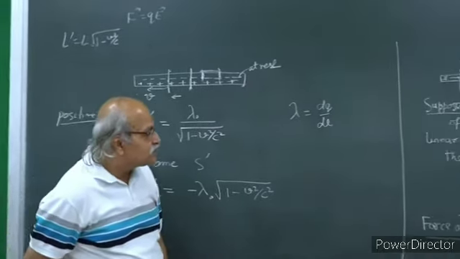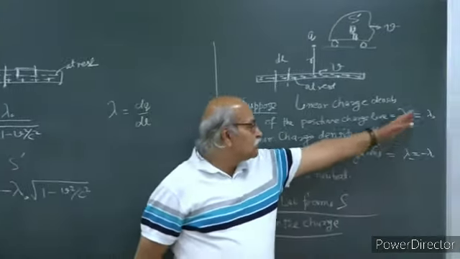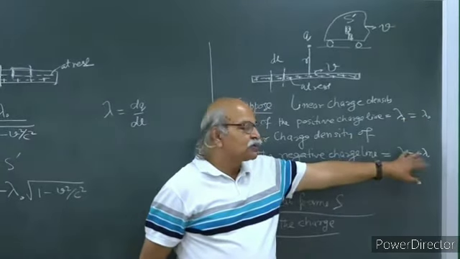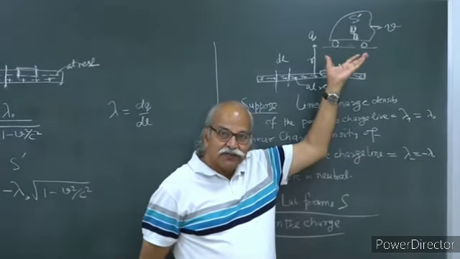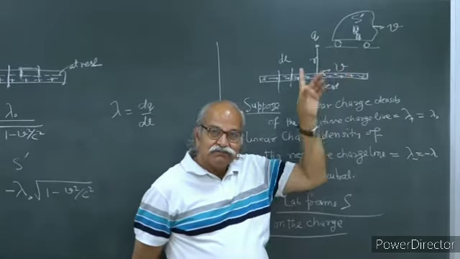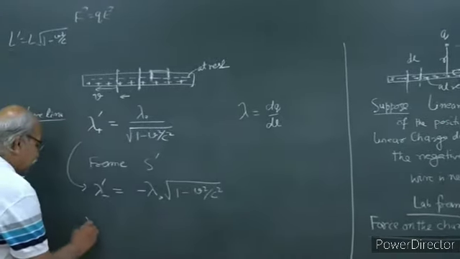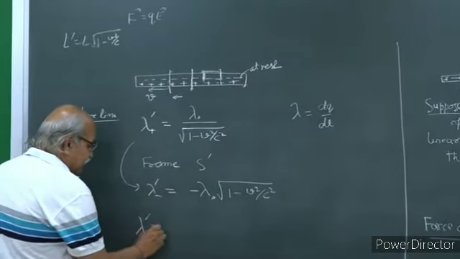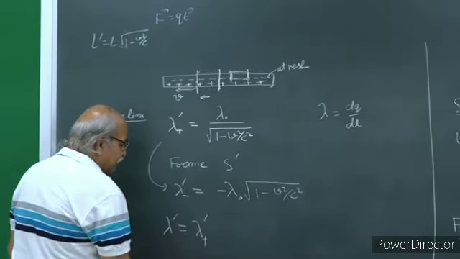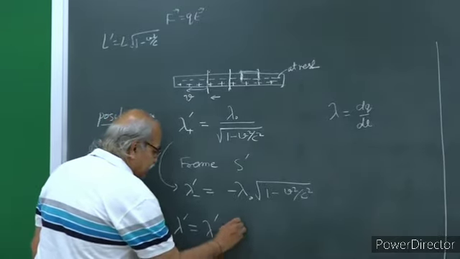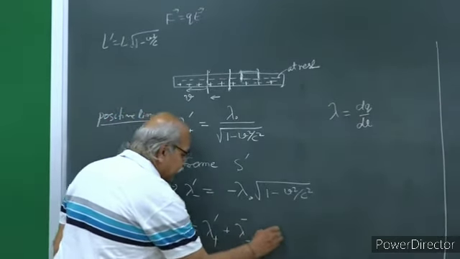In the lab frame the net charge density was lambda naught minus lambda naught, which is 0, and therefore the electric field outside was 0. But here it is not so. Here lambda prime, which is lambda plus prime plus lambda minus prime, is not 0.